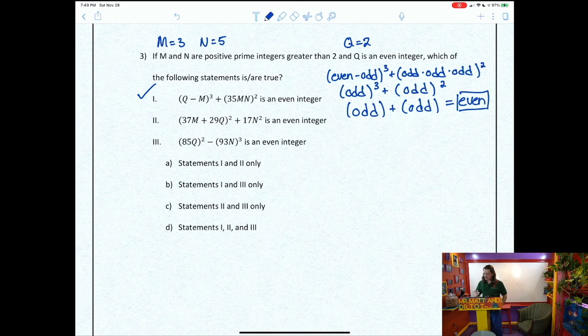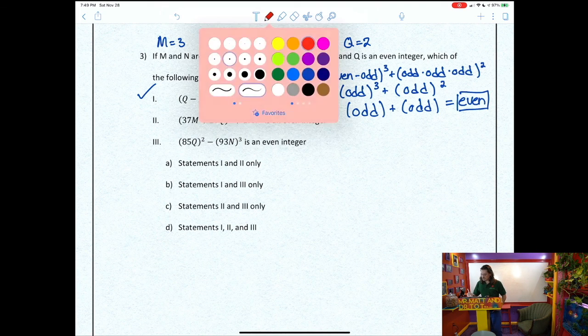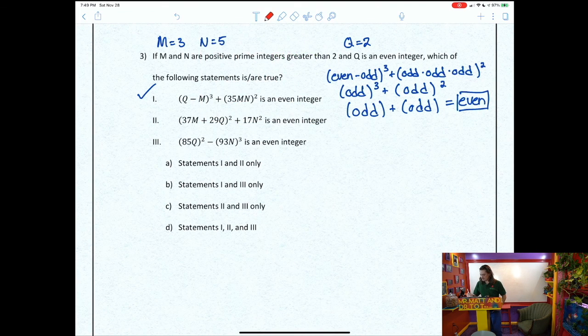Statement 2, if we think about this: 37 times m, 37 is an odd number, m is odd, plus 29, which is odd, times q, which is even, quantity squared, plus 17, which is odd, times n squared, which is going to be an odd times an odd. So an odd times an odd will be odd.